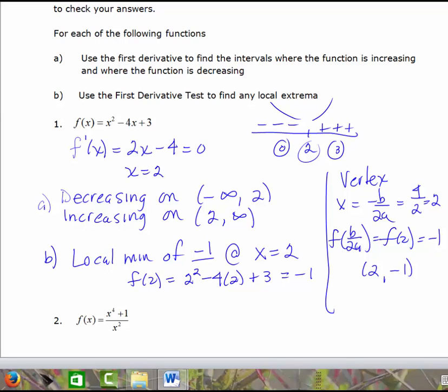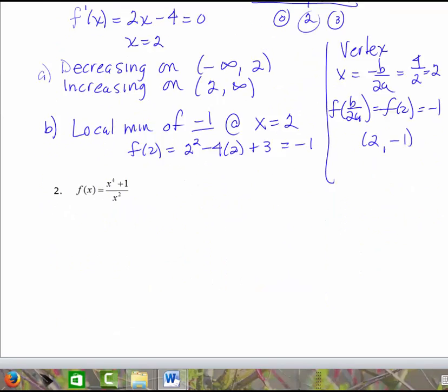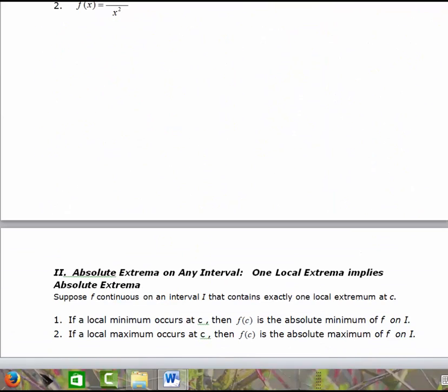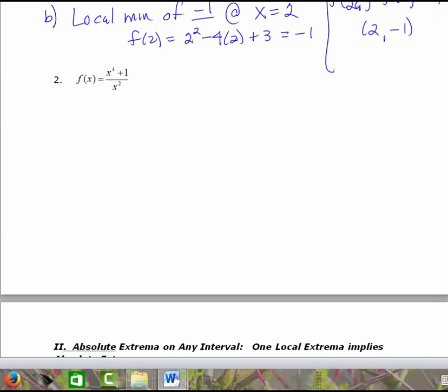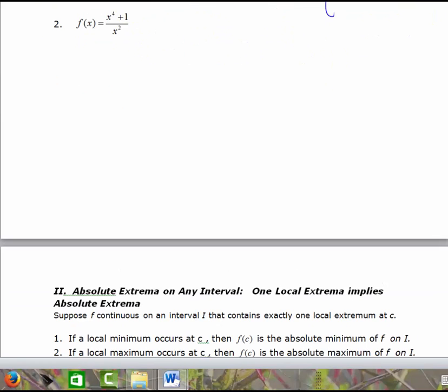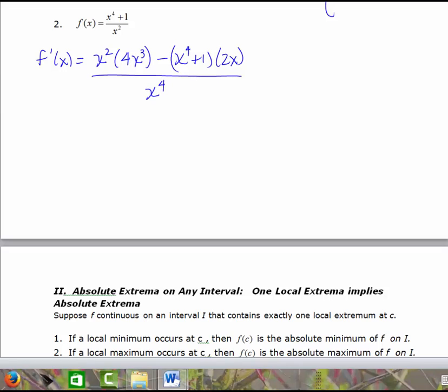All right, and let's look at the last problem. You can use the product rule, the quotient rule here, or you could break it into 2. In this case, it might even be easier to use the quotient rule, so I'm going to go ahead and do that. I've got f prime of x equals bottom times derivative of the top minus top times derivative of the bottom, all over the bottom squared.